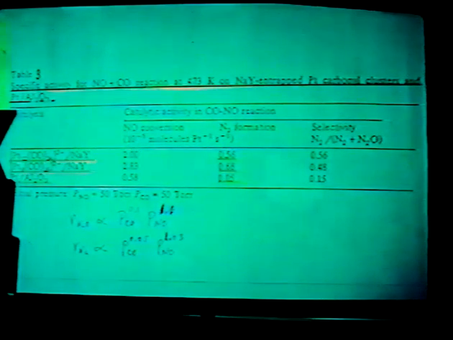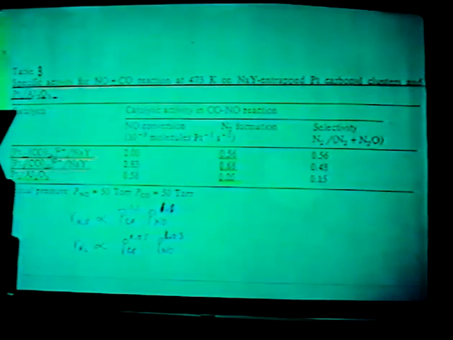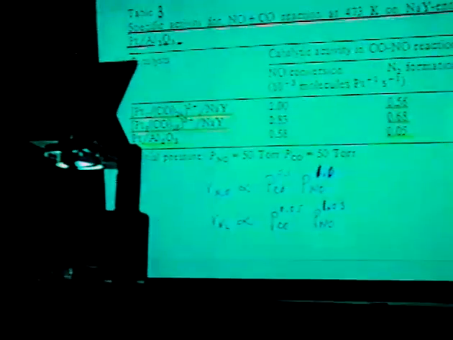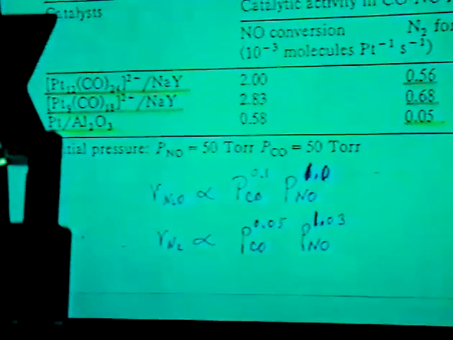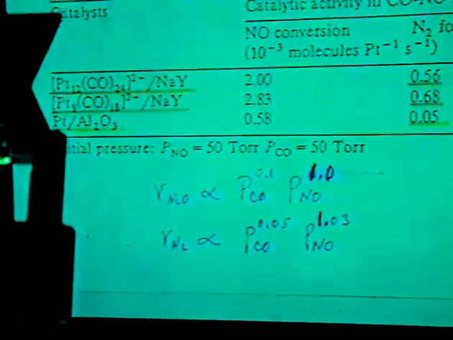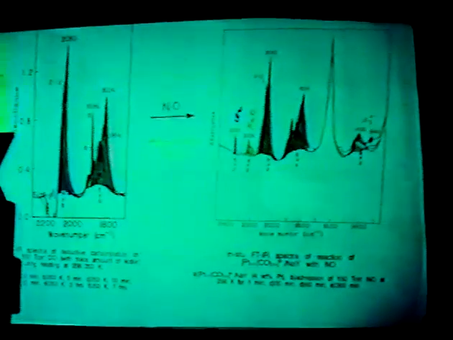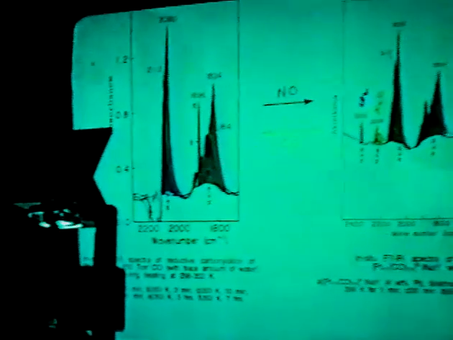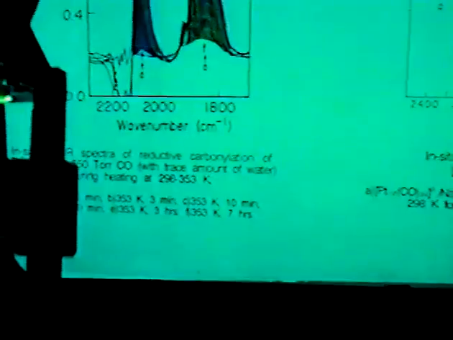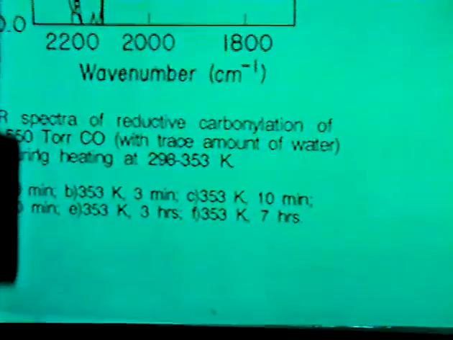This could suggest the rate-determining step is the activation of NO, interaction of NO, possibly dissociated NO, for this CO-NO reaction on this particular catalyst system. So we discussed how NO interacts with these cluster complexes accommodated inside of the sodium zeolite.